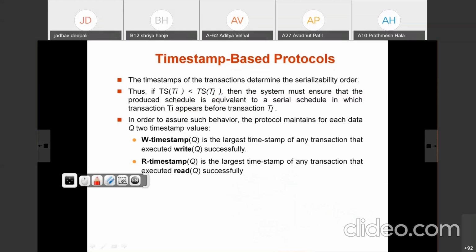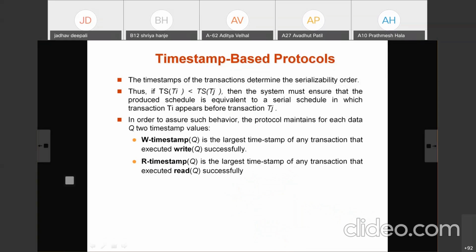In order to assure such behavior, the protocol maintains for each data item Q two values. The first one is W-timestamp(Q) and the second is R-timestamp(Q). W-timestamp(Q) is the largest timestamp of any transaction that executed write(Q) successfully.